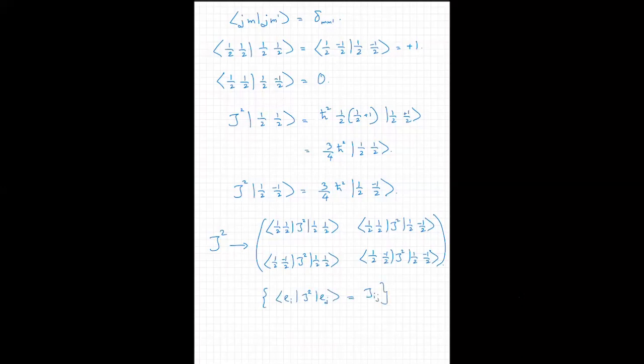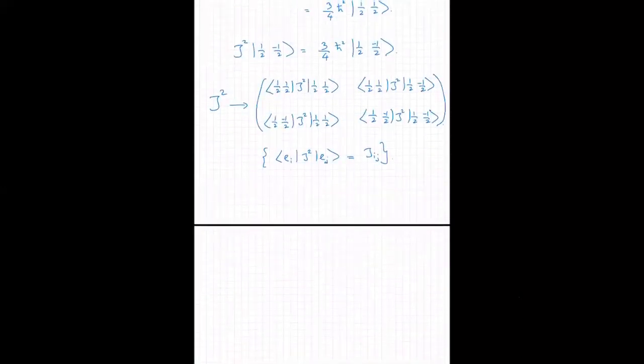These are the matrix elements, and if you put together all the matrix elements, you develop the entire matrix for J square. Now, how is this matrix going to look like?